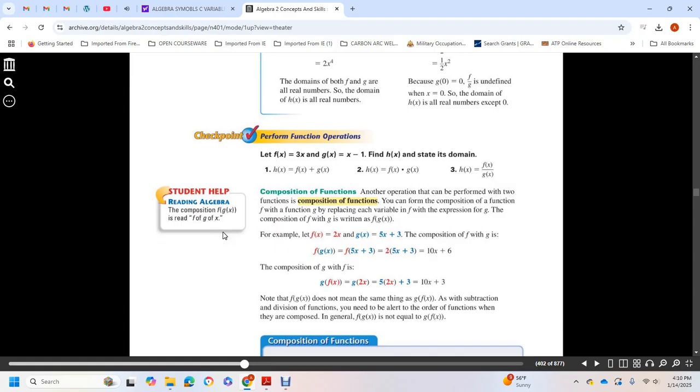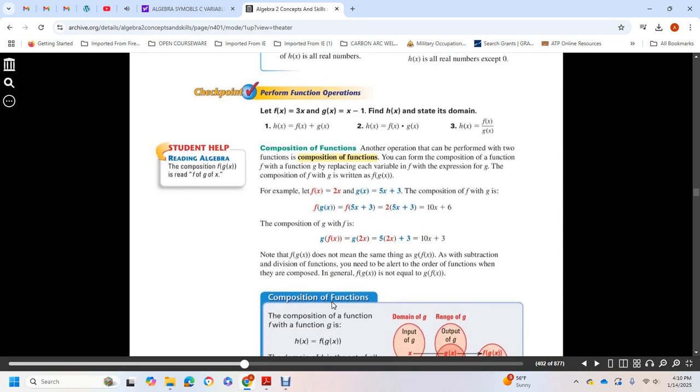For example, letting f(x) equal 2x and g(x) equal 5x plus 3, the composition of f with g is 2 times (5x plus 3), which is 10x plus 6. The composition of g with f is 2x times 5 plus 3, which is 10x plus 3.